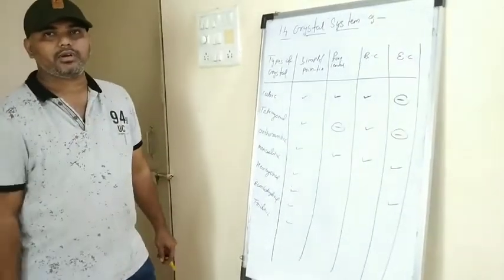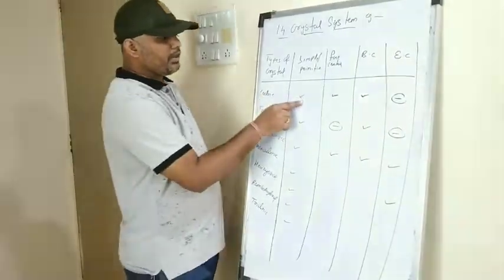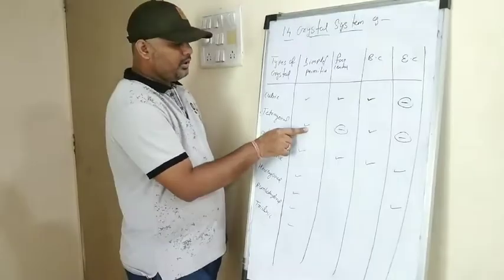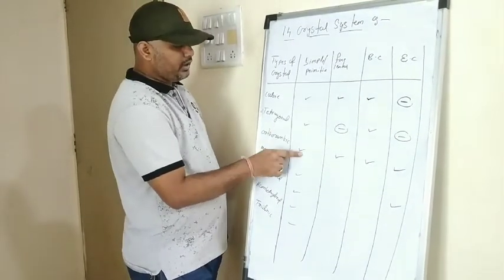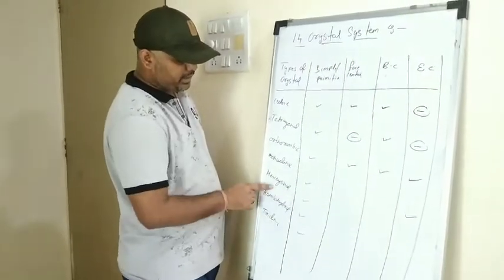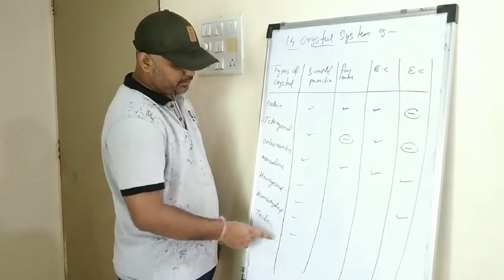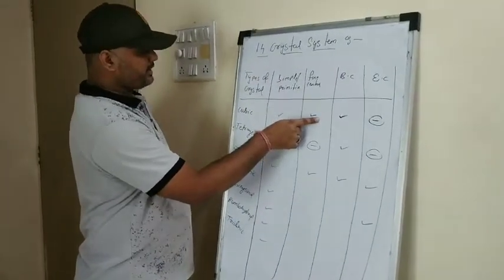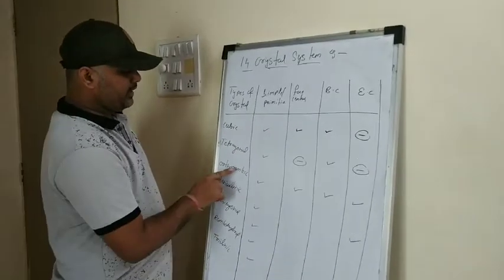Let's understand the 14 crystal system. Number 1, simple cubic. Number 2, simple tetragonal. Number 3, simple orthorhombic, simple monoclinic, simple hexagonal, simple rhombohedral, simple triclinic. So this becomes your 7. Then face centered cubic, face centered orthorhombic.